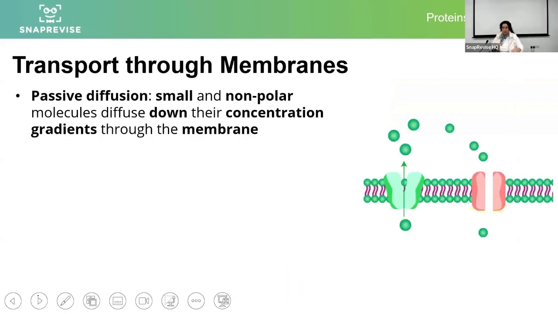Let's then actually look at how transport across membranes works and what the types of transport are that we can have. We can have passive, or simple as it's often called, diffusion. The word diffusion is always passive in the sense that it doesn't require energy, sorry, not enzymes. Passive or simple diffusion is used for small and non-polar molecules that can diffuse down their concentration gradients through the membrane.